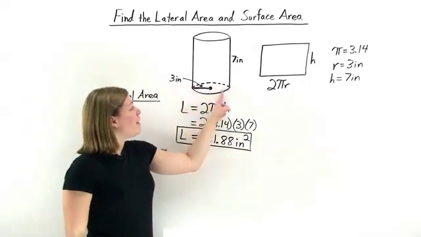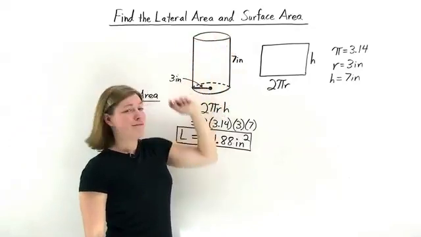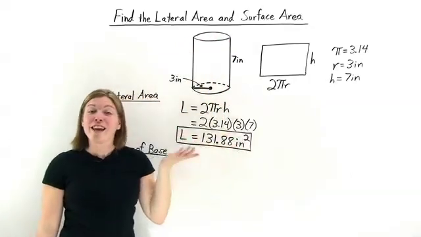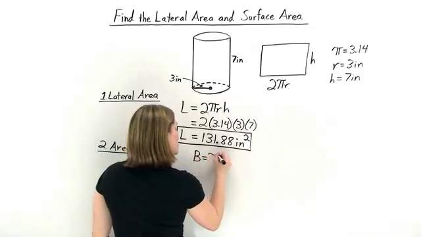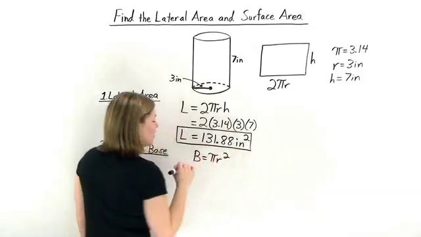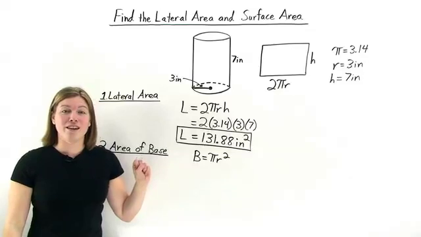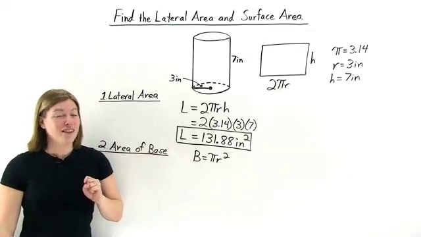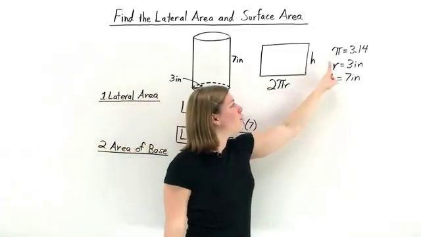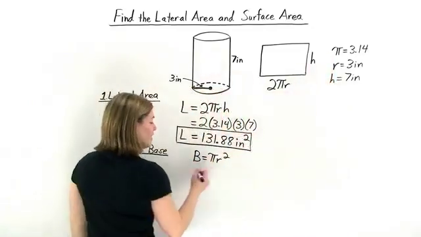Now look, the bases are circles. So to find the area, we need to find the area of a circle. And the area of a circle can be found by taking pi r squared. Pi times the radius squared. That will give us B, the area of one of the bases. So we just need to plug in the values for pi and for r, the radius.